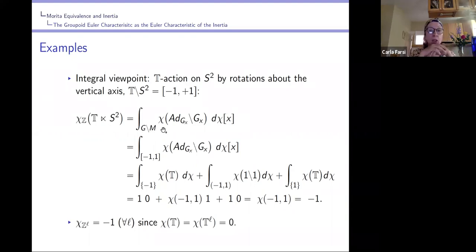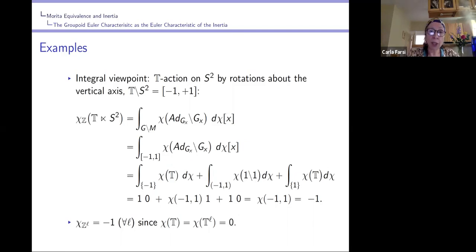M over G is just the segment, the quotient of the action of the group on the space S2. So that's just the segment -1, 1, if we take the unit sphere.